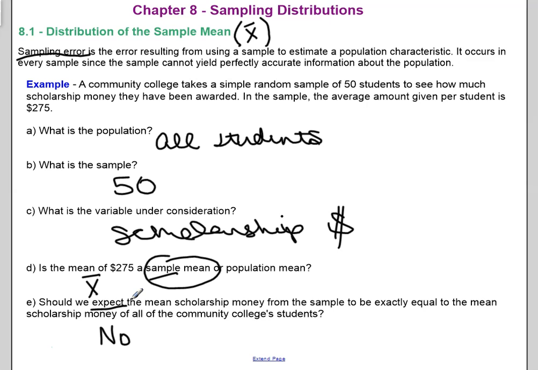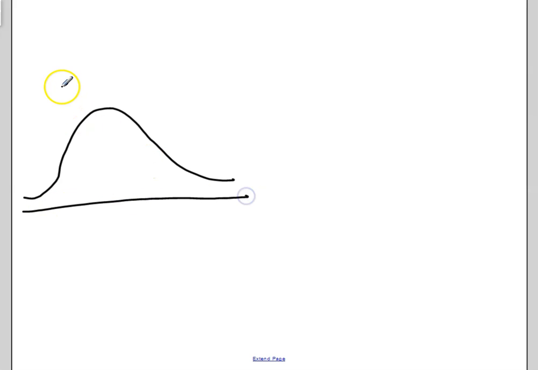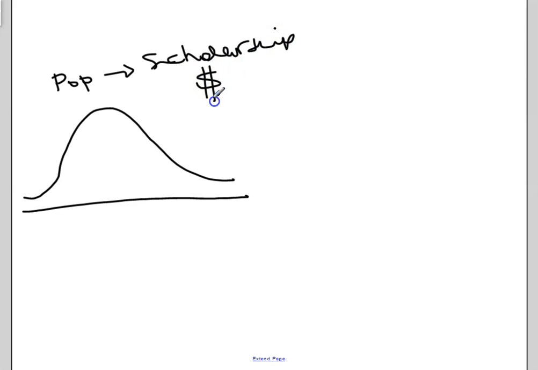So thinking about that concept of sampling error, what we're going to be looking at with sampling distributions is we're going to have some population. So let's say this is our population, and this is scholarship money. Sorry, my writing's not as good on this writing tablet that I've got.